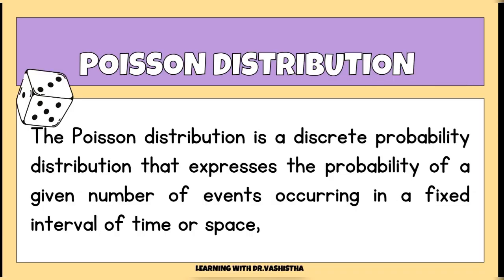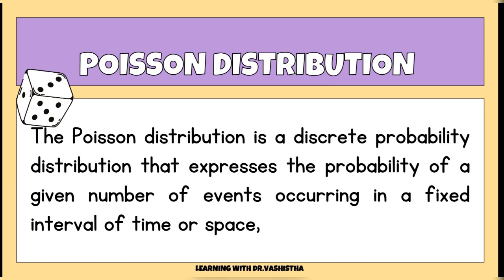Now comes the next, which is the Poisson distribution. So it is a discrete probability function. That means the variable can only take specific values in a given list of numbers. That can be probably infinite. A probability distribution measures how many times an event is likely to occur within a certain period of time.